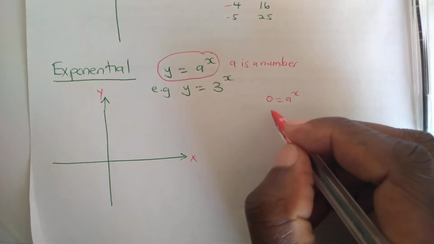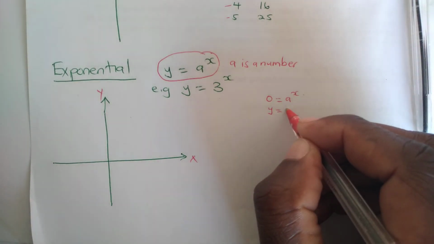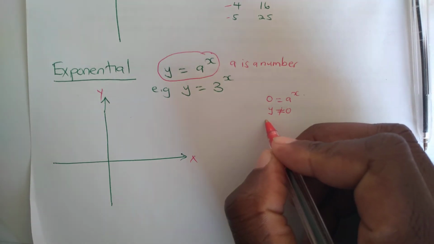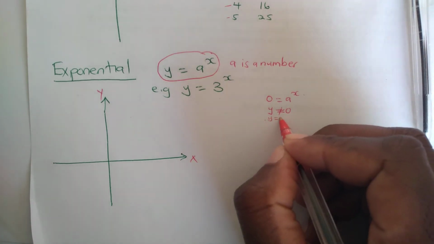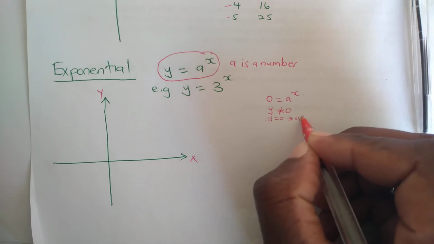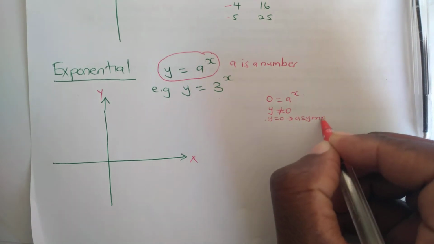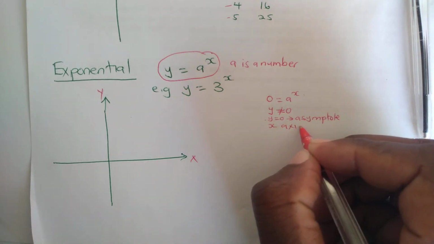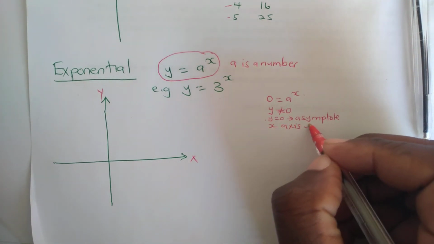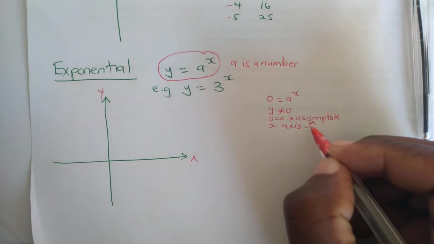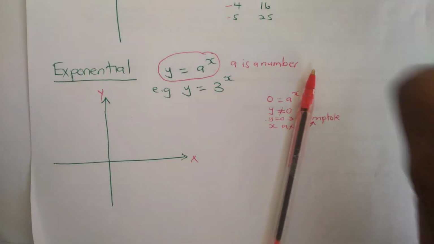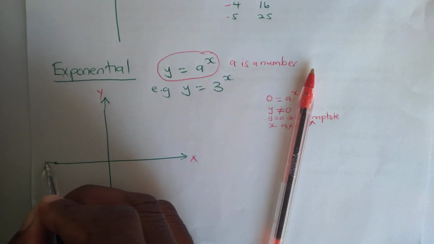So y is never 0, therefore the x-axis, or the line y equals 0, is an asymptote. So the graph will never touch this line. That is very important to take note of.